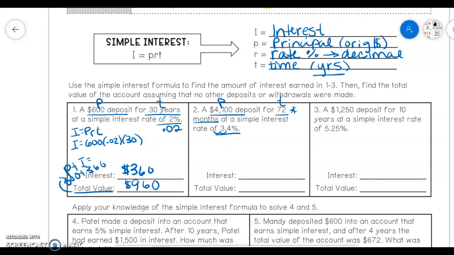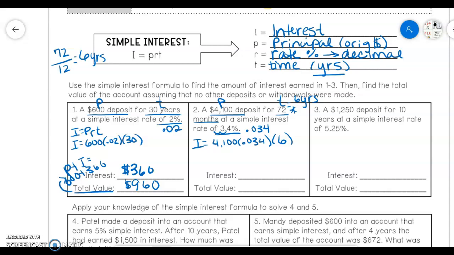And our interest rate is going to be 0.034. So I equals 4,100 (P) times 0.034 (R). Now for T we need to be careful because this is in months. So I need to take 72 months and divide it by 12 to get years, and that is in fact 6 years. So we're not going to use 72, we're going to use 6 because this is 6 years.